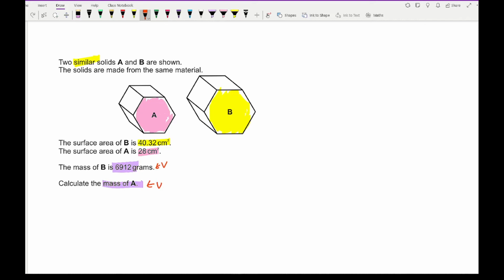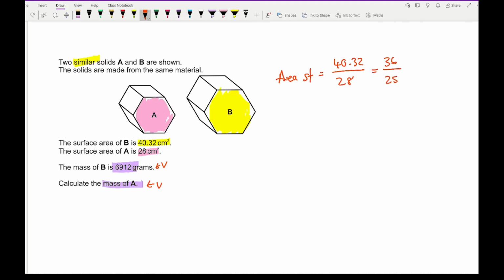So looking at this, now the two bits of information, we don't know what the length scale factor is, but we do know what the area, we can work out what the area scale factor is. So the area scale factor is going to be the big one over the smaller one over 28. And if I work that out on my calculator, so 40.32 divided by 28 gives me an answer of 36 over 25.